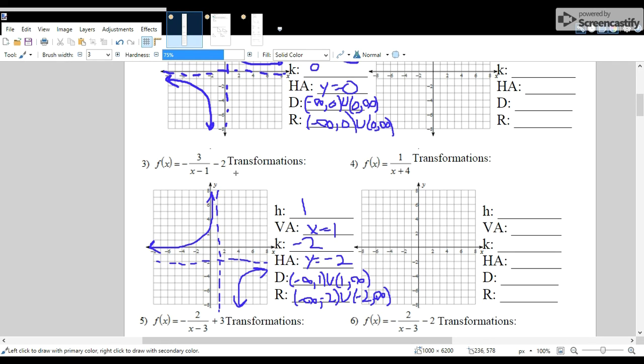Our transformations, since there's a negative here, it reflected across the x-axis. There's a minus 1 here, so it went to the right one.